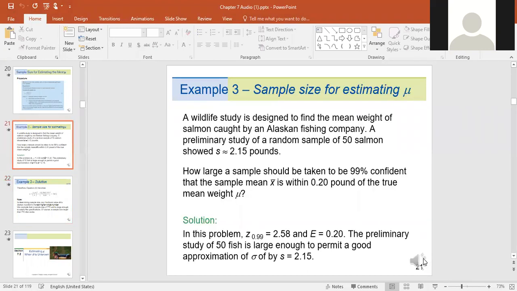I want to first summarize what we did last time. We read about the confidence interval for the mean.